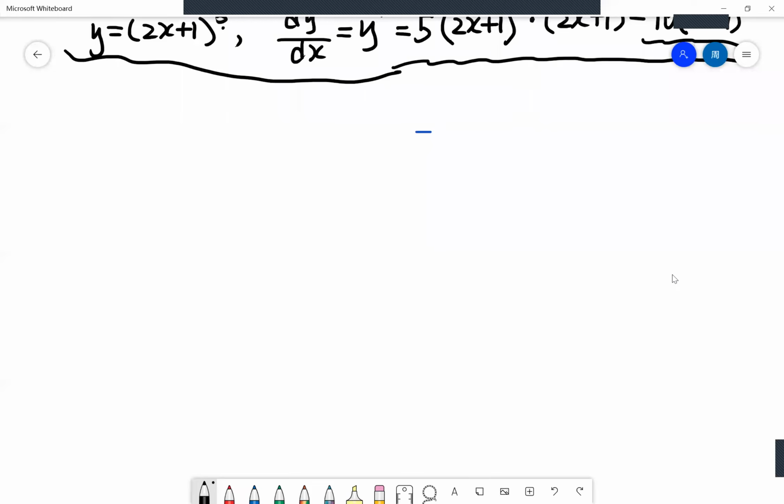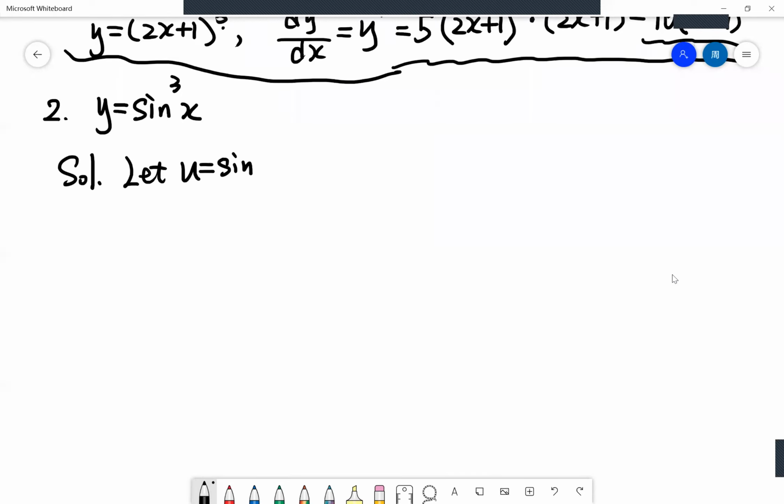Okay, so let's first solve number 2. Number 2, that is y equals sine x to the power 3. So here you can let u equal sine x and y equal u to the power 3.